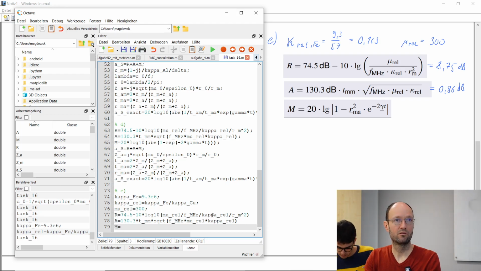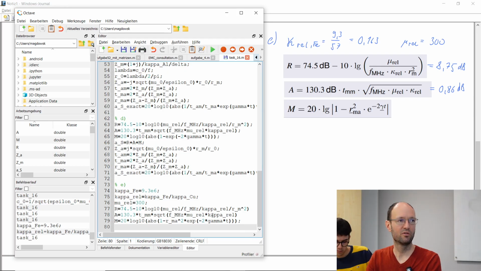So M equals 20 times the decadic logarithm of the absolute value of 1 minus this reflection coefficient squared multiplied with the exponential function of minus 2 times gamma times the thickness. So closing parenthesis.